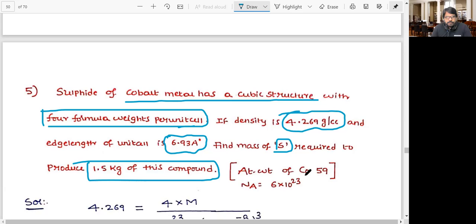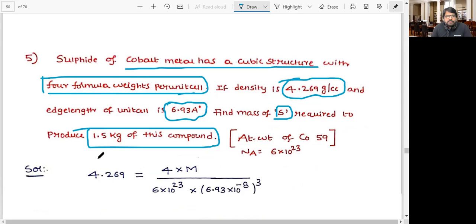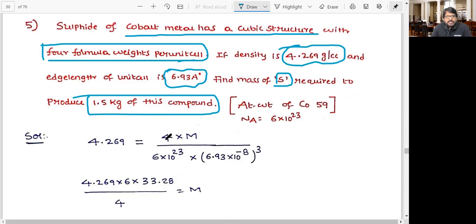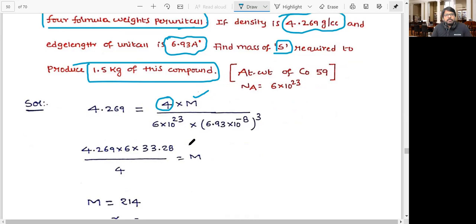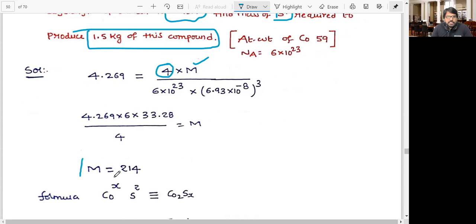See, the density of the solid is given. Density is equal to Z effective into formula weight by Avogadro number into a cube. Here a is 6.93 angstroms, 10 power minus 8 whole cube. If you simplify, you will get the formula weight 214.